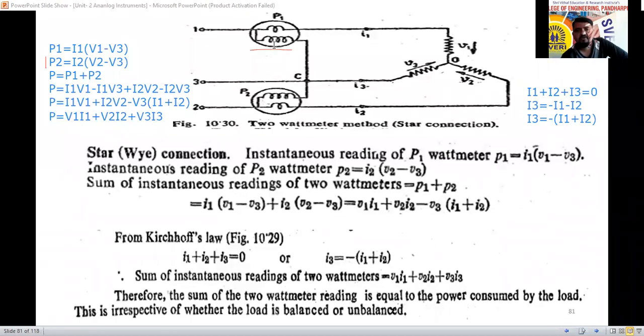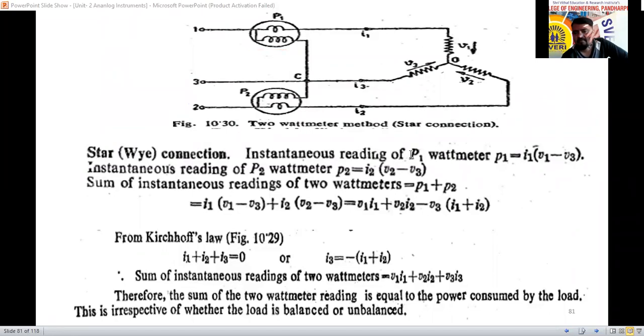Same thing we can say: the instantaneous reading of power, P1 equals I1 (V1 minus V3) and P2 equals I2 (V2 minus V3).